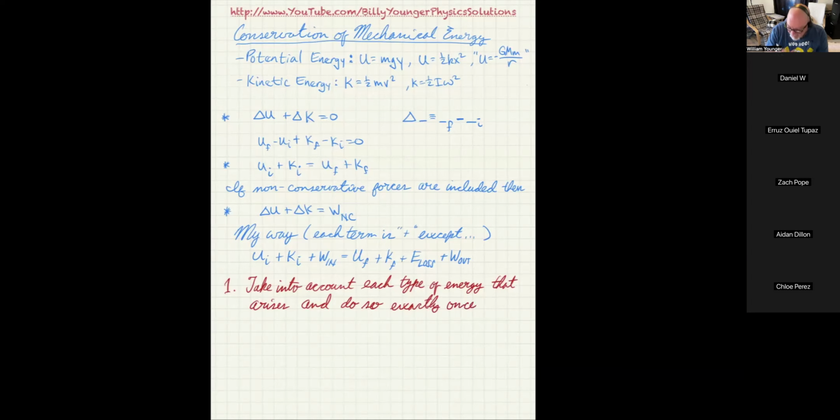In other words, if you find that there's friction, you want to make sure you put friction in there. But if you end up counting it twice, then you're going to mess up.